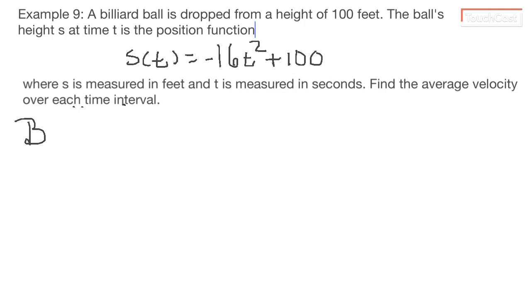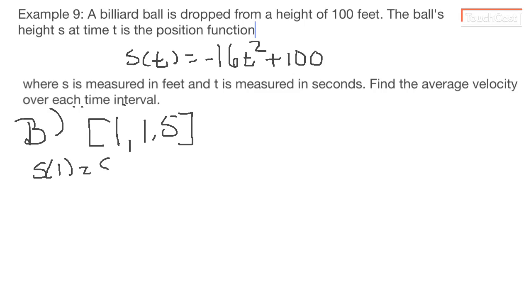Let's look at the time interval from 1 second to 1.5 seconds. So, again, we need S of 1, but we already found that in part A. S of 1 is 84. We do need to find S of 1.5. So we're going to go negative 16 times 1.5 squared plus 100.